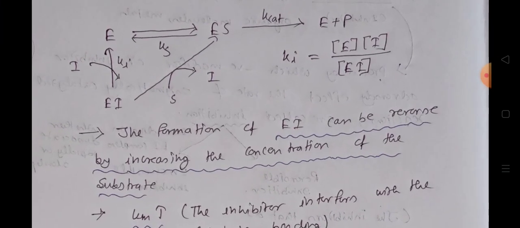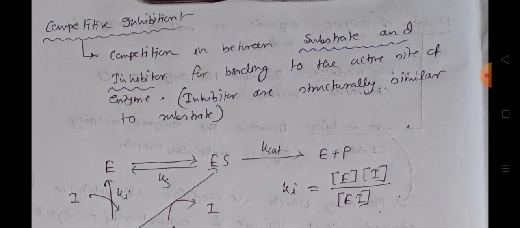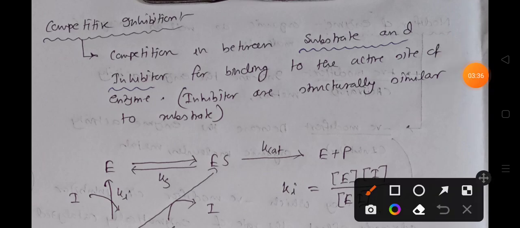So this is competitive inhibition. In competitive inhibition, what will occur? Remember, the inhibitors which do competitive inhibition are known as competitive inhibitors, and competitive inhibitors look like substrates, meaning that the competitive inhibitors have structural homology with substrates.